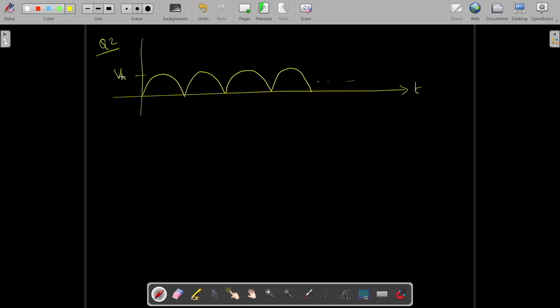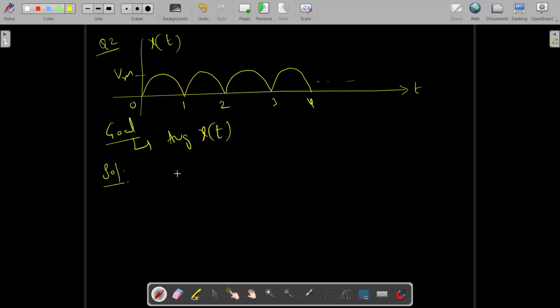This is Vm, the maximum value. This is 0, 1, 2, 3, 4, and so on. Let us call this x of t. The goal of the question is to find the average value of this particular x of t. Okay, so let us write the solution.